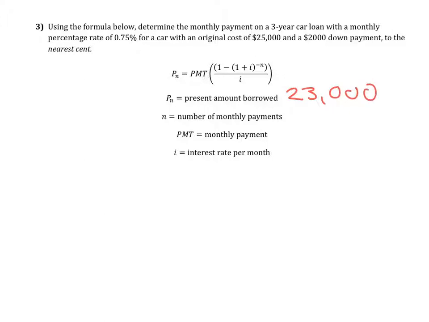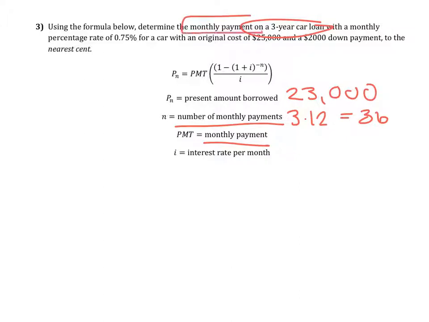The number of monthly payments. Well, notice they said it's a 3-year car loan. So don't fall in that bear trap. Those don't match up. 3 years is not the number of monthly payments. If I'm going to go 3 years at 12 months per year, my number of monthly payments is going to be 36. The PMT stands for the monthly payment, and I believe that's the question, determine the monthly payment.